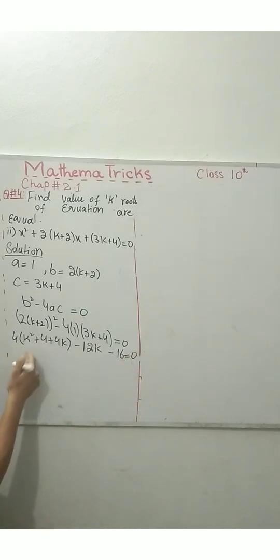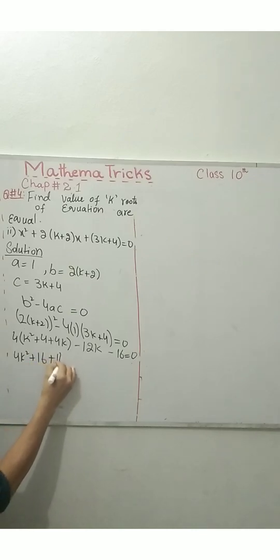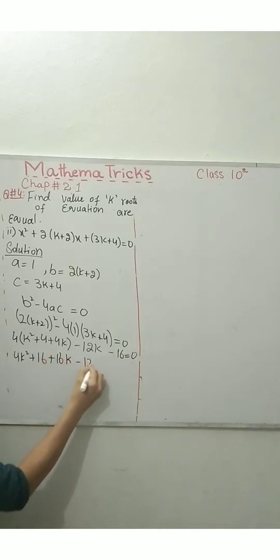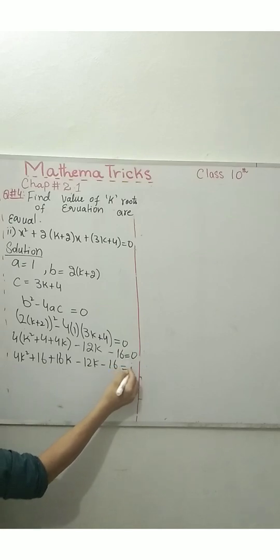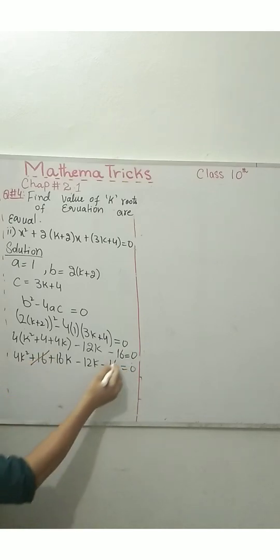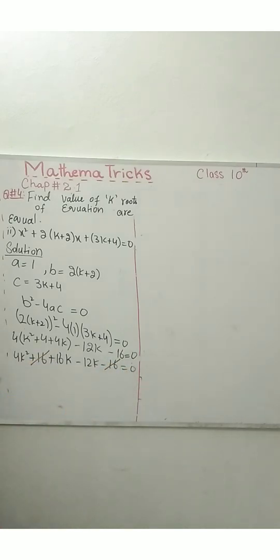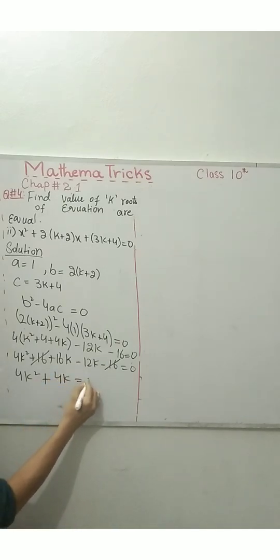Let's multiply these values. I got 4k squared plus 16 plus 16k minus 12k minus 16 equals 0. I got positive 16 and negative 16, same values with opposite signs, which cancel out. What I got is 4k squared plus 16k minus 12k. How many k is left? Plus 4k equals 0.